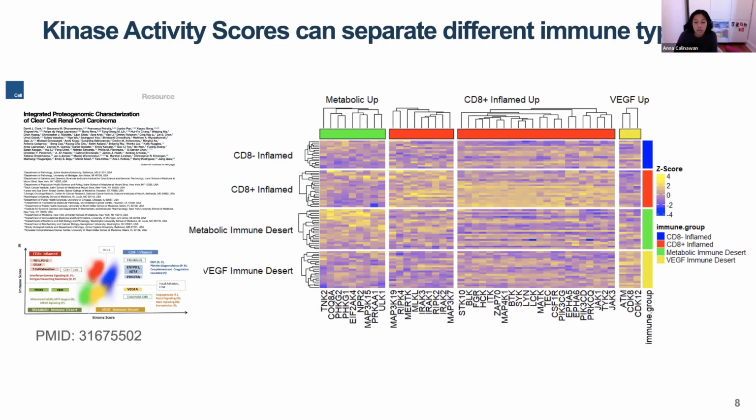Then we wanted to go a little bit deeper and ask, are there any dark kinases in this list? That seems like we could find out some more information about dark kinases while we're at it. And this one became very interesting to us, the PRKCQ kinase, which is part of this CD8 plus inflamed upgroup.